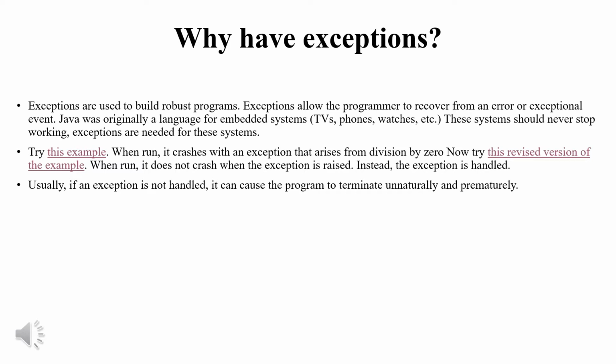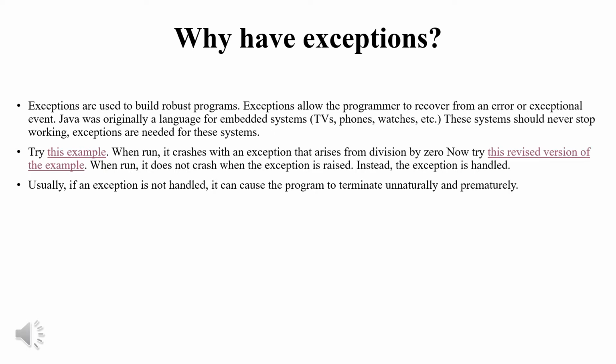So now you know what an exception is. You know that an exception is an object that represents an error or an exceptional event in the program. That exceptional event, for example, can be when an index is out of bounds, when a file doesn't exist, when a method that is called doesn't exist, or some other exceptions.